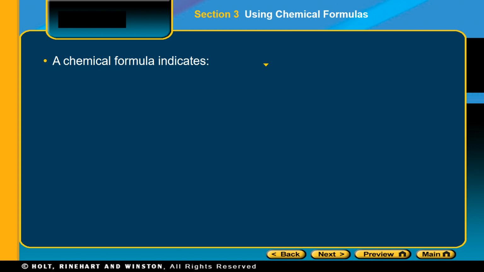When we look at a chemical formula, it gives us certain information. A chemical formula, recall, tells us the elements that are present in a compound.